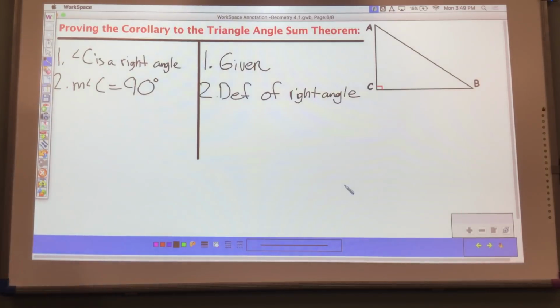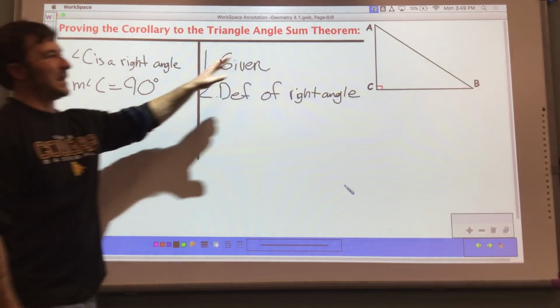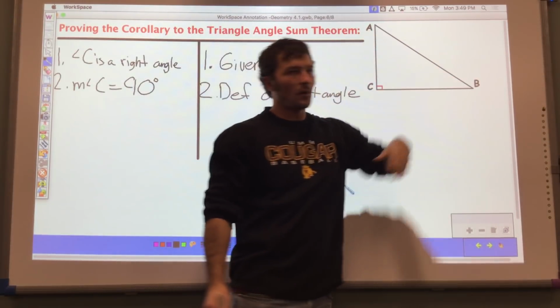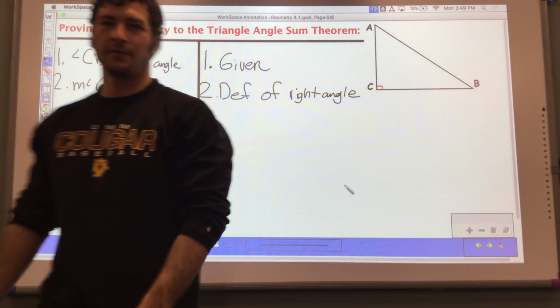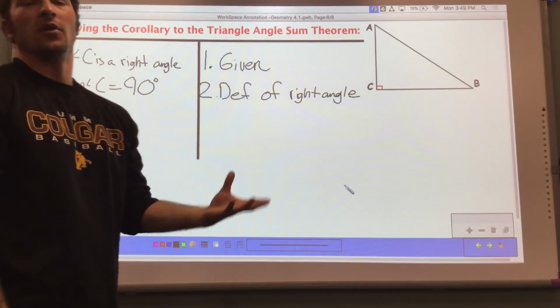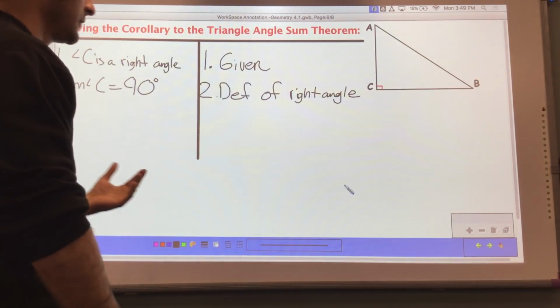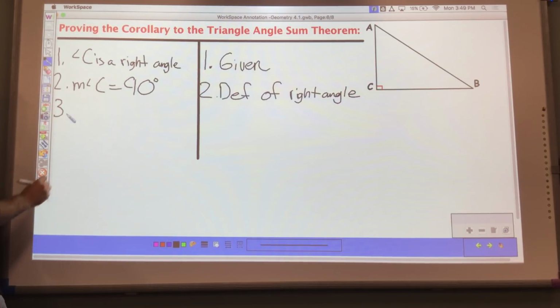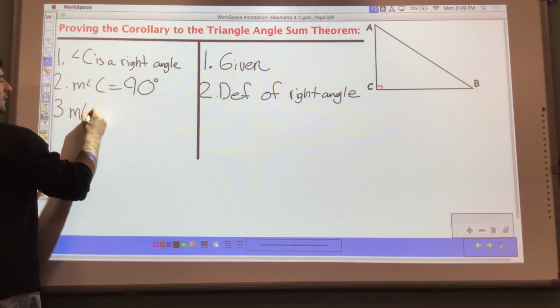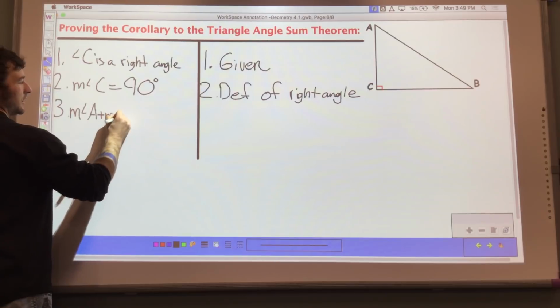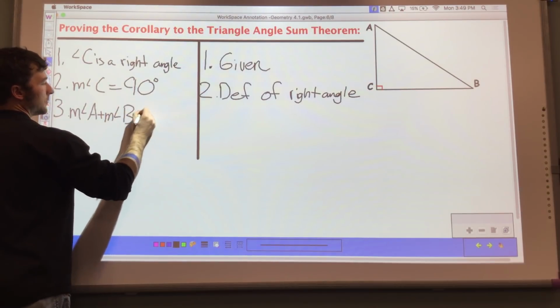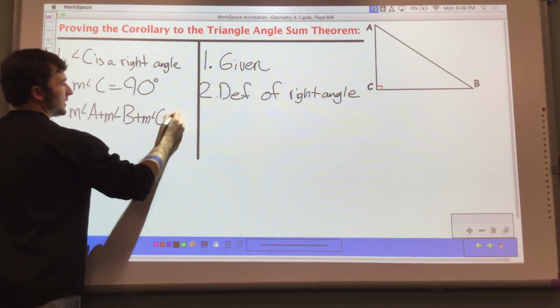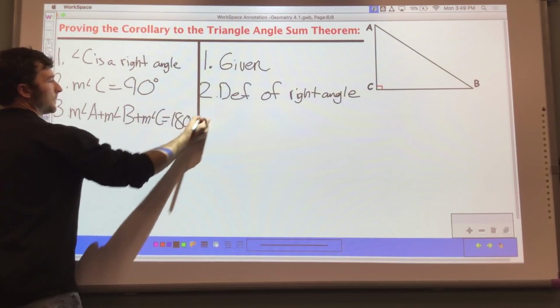Alright. So then we got to think, okay, how are we going to prove that A and B add up to 90? Well, what's something we know about the angles of the triangle? You should know that all the angles are going to add up to 180. So measure of angle A plus measure of angle B plus measure of angle C equals 180.